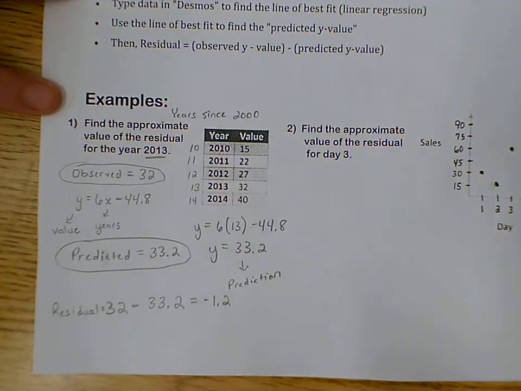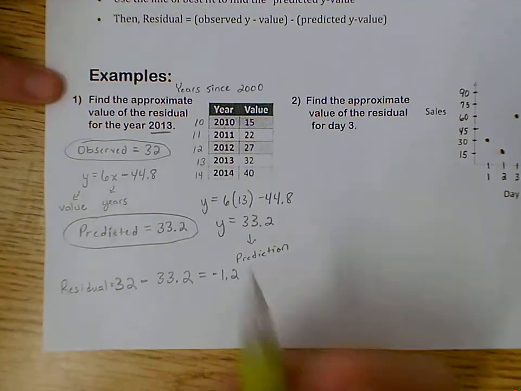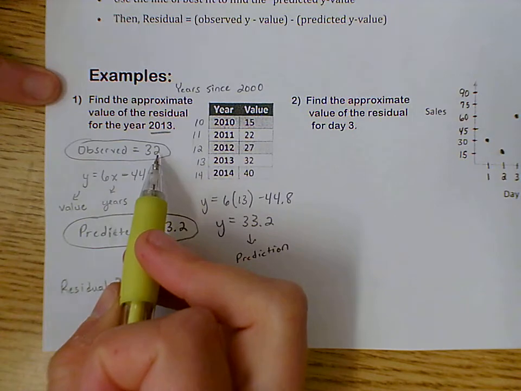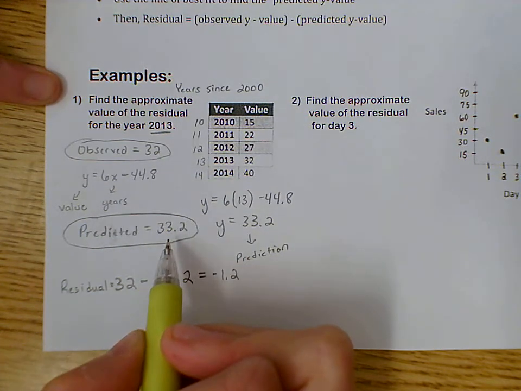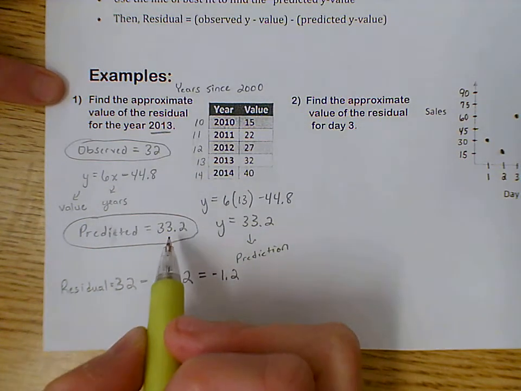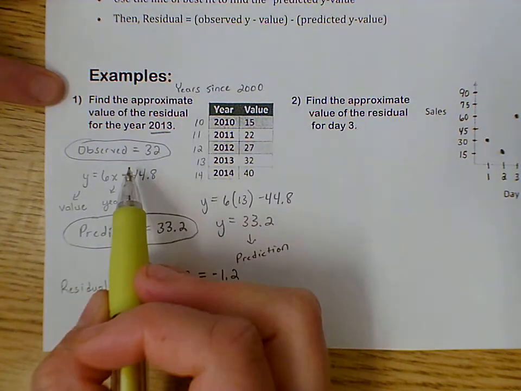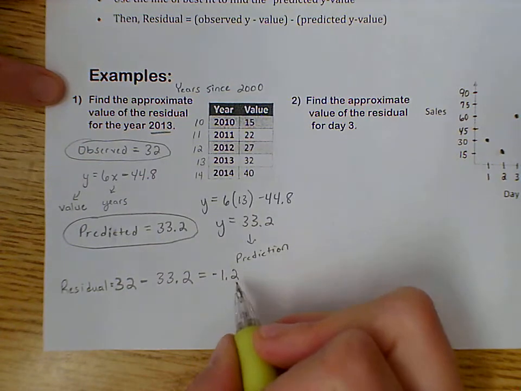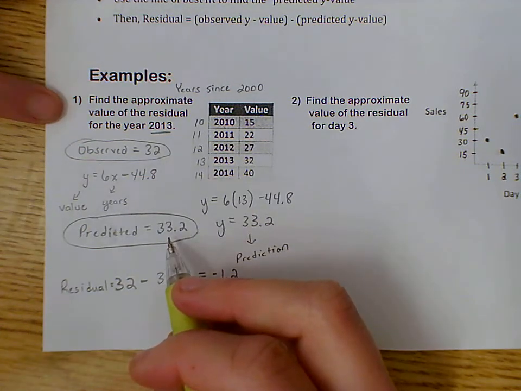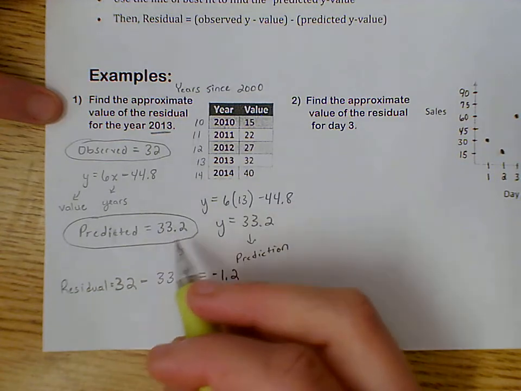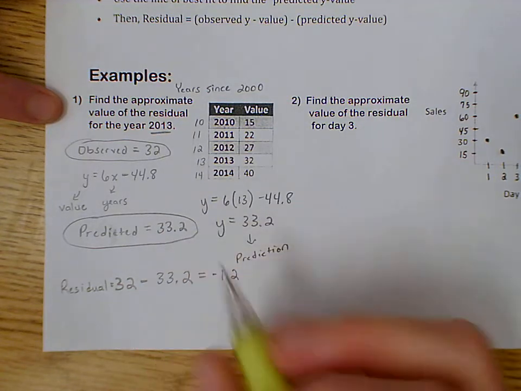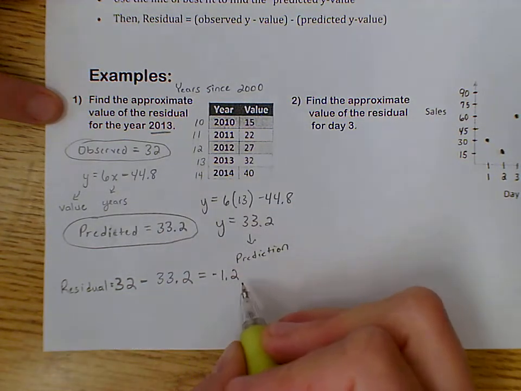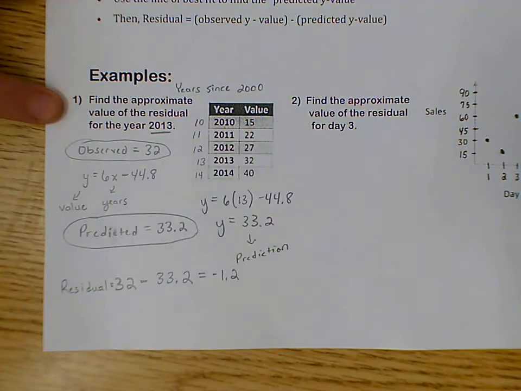Okay, so what does that number mean? Well, remember, we took what actually happened and subtracted what we predicted to happen. There's two ways of looking at that. What actually happened was below what we predicted to happen, or we predicted to earn 1.2 more than what actually happened, which, if you're predicting to earn more than what actually happens, may not be a good thing, okay?